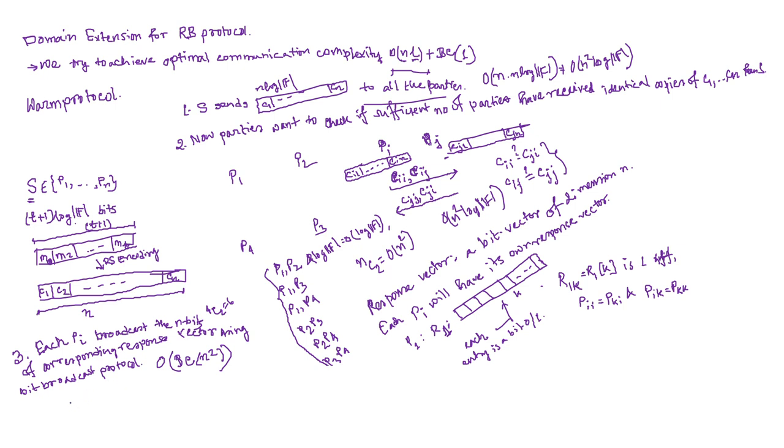So we now form a consistency graph. As you know, the graph will consist of n nodes corresponding to the n parties of the system.